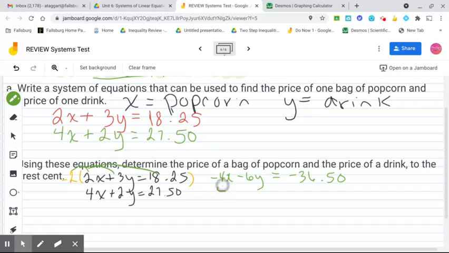And then I'm going to carry down 4X plus 2Y equals 27.50.